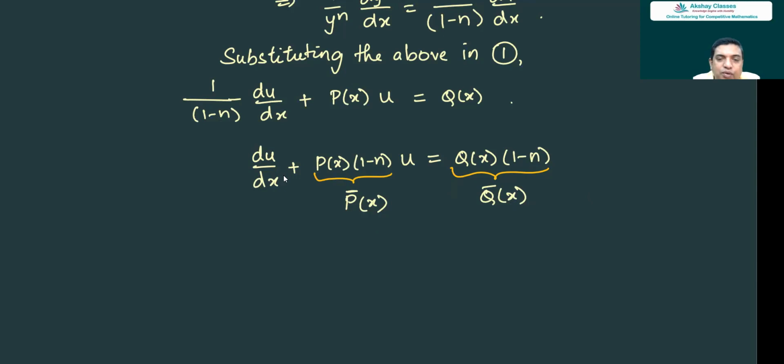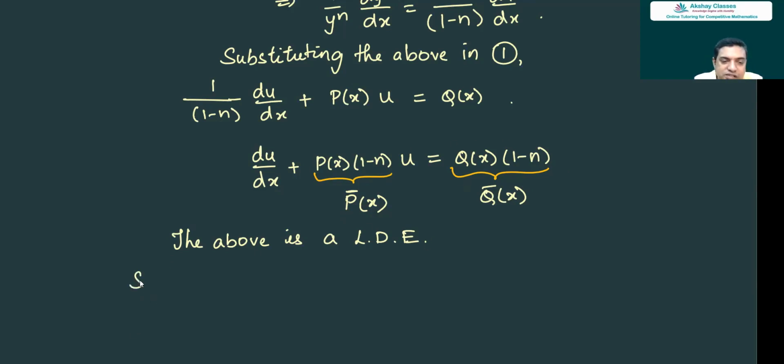Now the above is a linear differential equation. This is a linear differential equation because the dependent variable u and its derivative appear in degree 1 and are not multiplied together. So this is du by dx plus p of x times u is equal to q of x, that form.